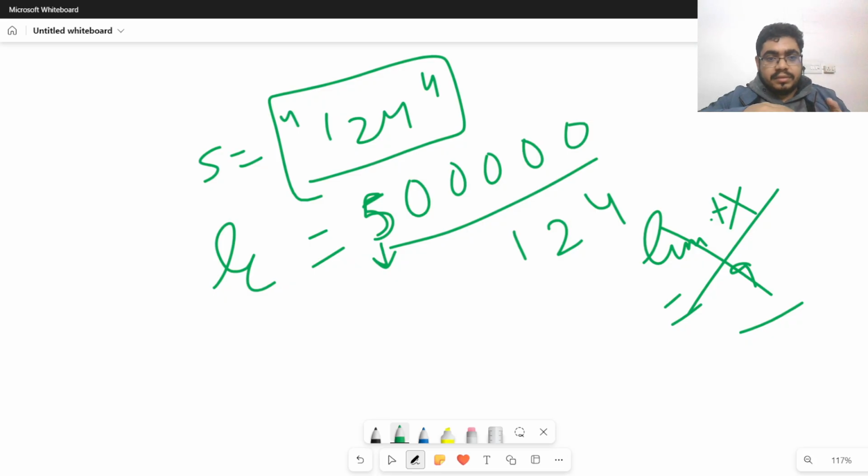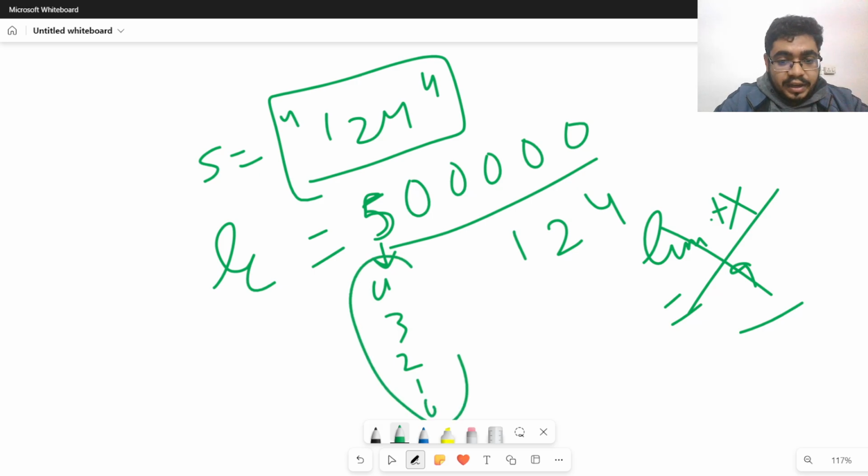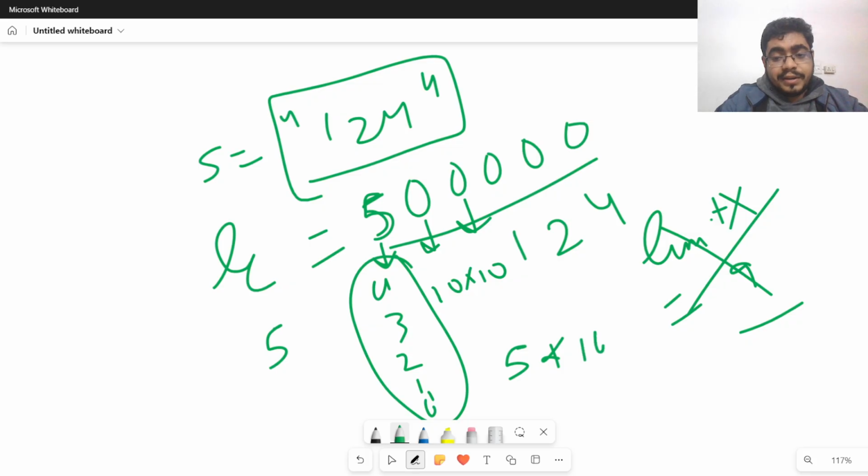If it's 0, then that means we have one less digit. But for any value starting with 4, 3, 2, 1, 0, these five possibilities are there at the most significant digit. Then at the next two places, if we look at them, we have all the 10 possibilities. So if I calculate the total, using permutation and combinations, it is 5 into 10 into 10.